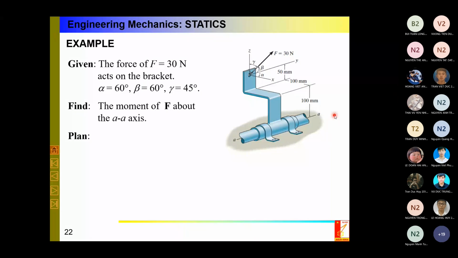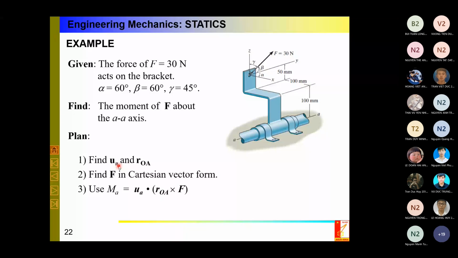Again, the strategy or philosophy of this is quite similar to the example before. It means that I will use the triple product of F and the unit vector of AA. So it is necessary to find the unit vector UA, which means the unit vector for axis AA, and also the position vector ROA, from F and point O. After that, you can use the triple product.